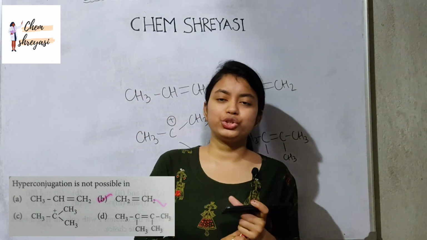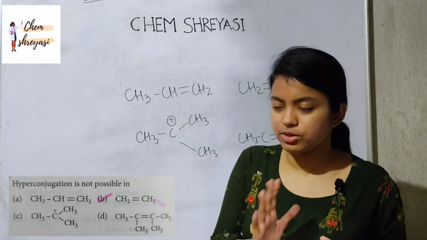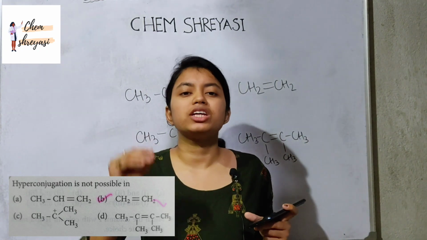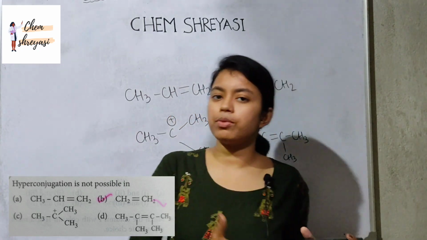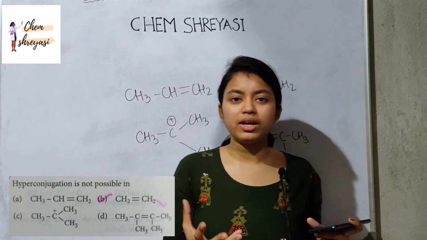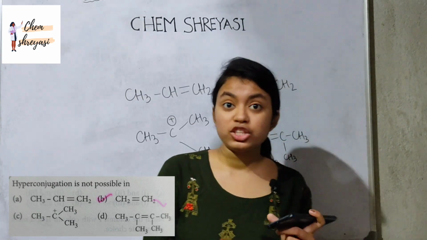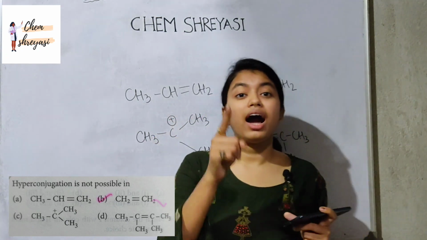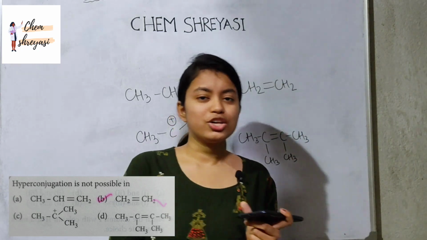Now, alpha hydrogen means what? In any hyperconjugable system, if there is an unsaturation or any vacant p orbital, where unsaturation means a double bond or triple bond, and a vacant p orbital means a positive charge like in carbocations, the carbon attached to that particular carbon is known as the alpha carbon, and the hydrogen attached to the alpha carbon is known as alpha hydrogen.